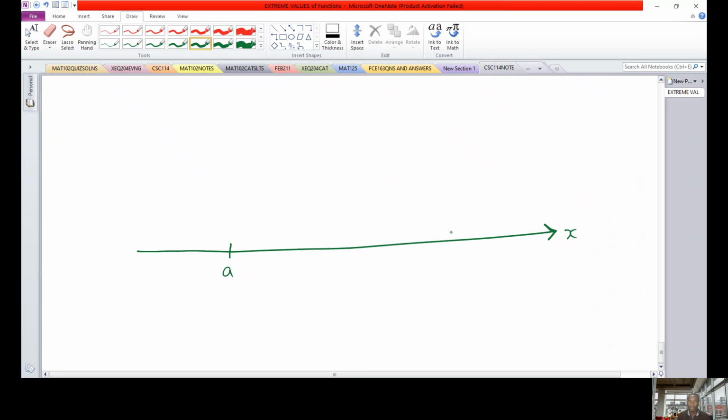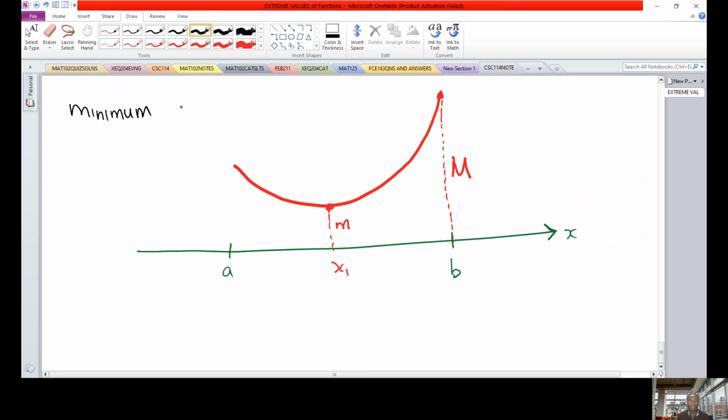So we have A here, we have B, so this is small m, this is capital M. So for this case, we have a case whereby minimum at interior point, maximum at endpoint. So that is what we have.